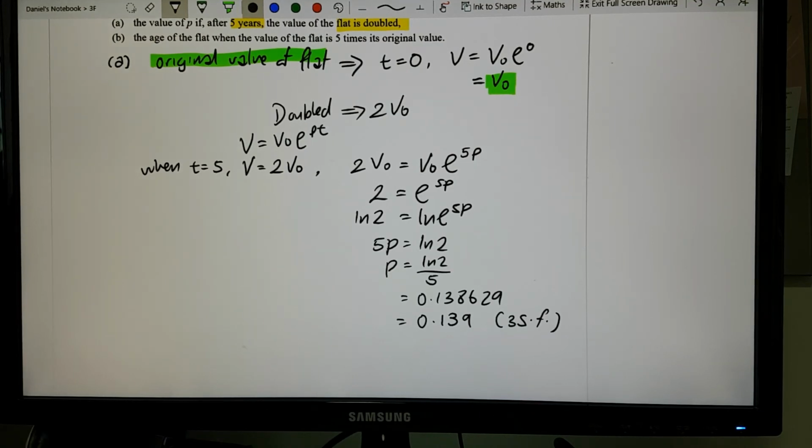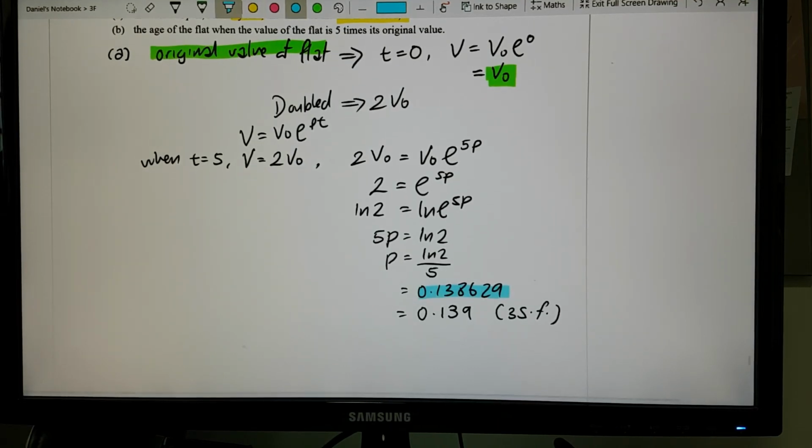That's the value of P. And P is a constant, which means it's a fixed number. So I will prefer to use the more accurate value later. Later when I key in my calculator, I'll use this value for part B.